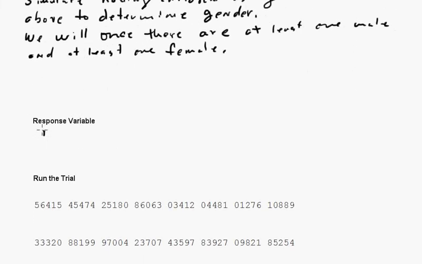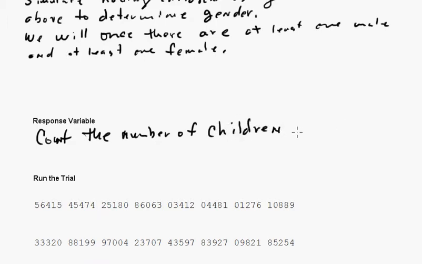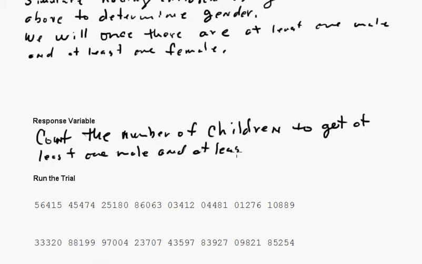Okay, so what are we going to do? We're going to count the number of children to get at least one male and at least one female.